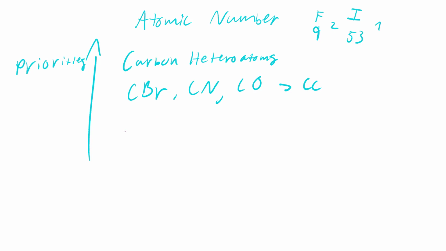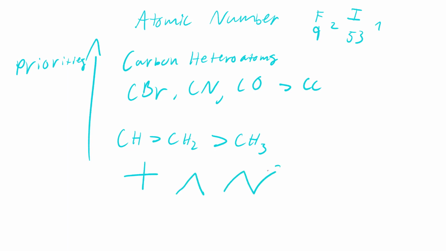And finally, a CH is a lot better than a CH2, and a CH2 is a lot better than a CH3. So a carbon like this is going to have more priority than this, and a lot more priority than this one.